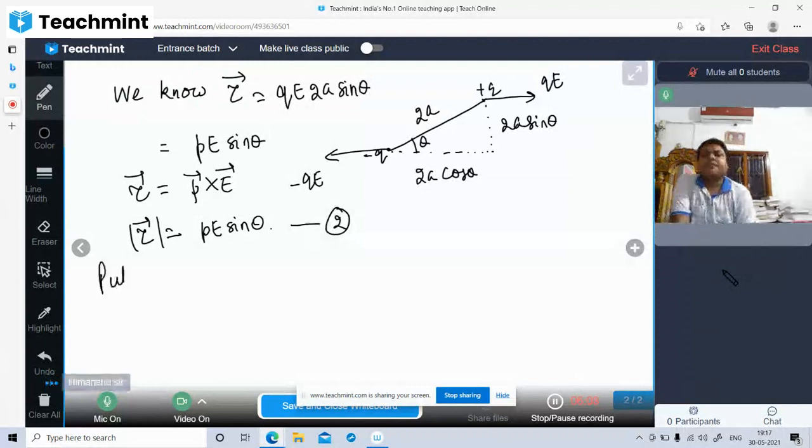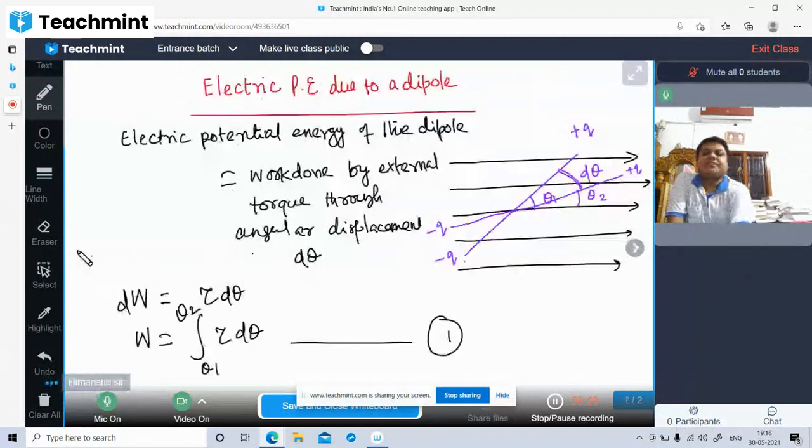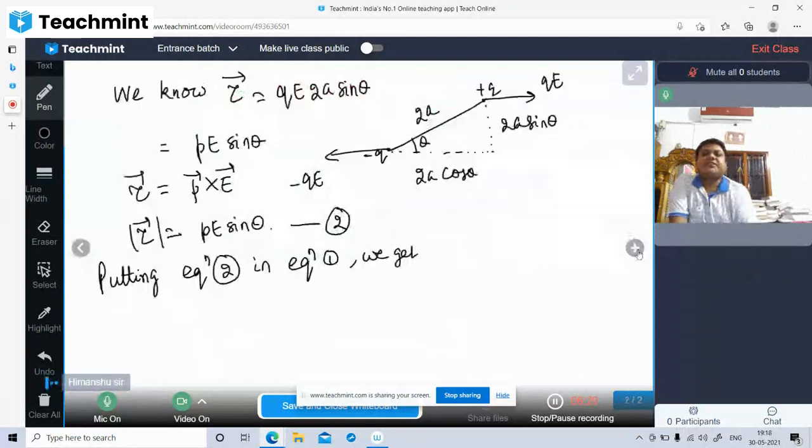Putting equation 2 in equation 1, what do we get? Work done is tau d theta, and tau is PE sin theta, so W is the integral of PE sin theta d theta, with integration from theta 1 to theta 2.